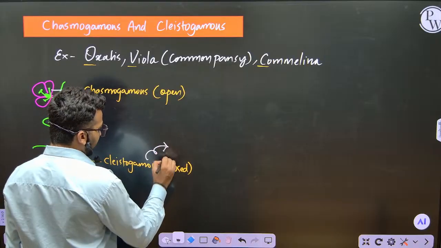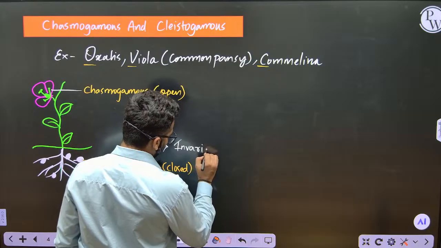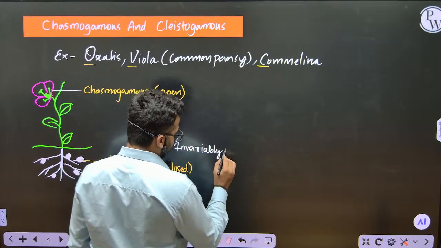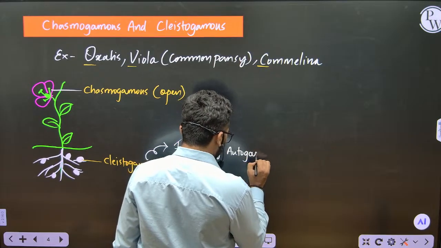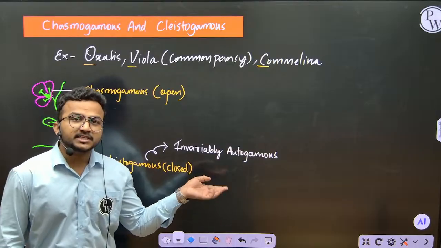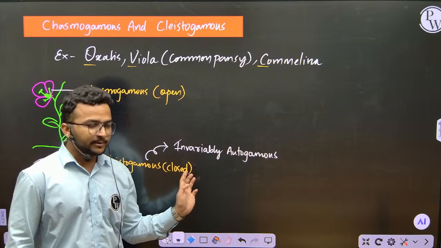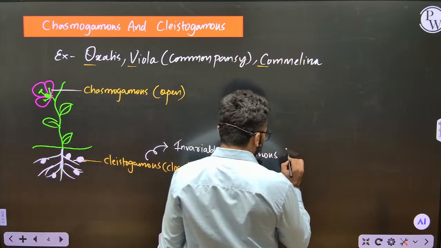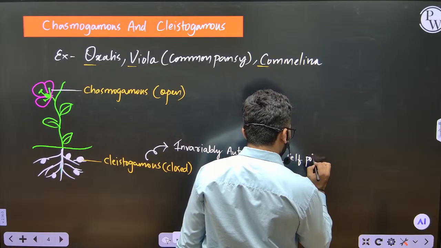Clistogamous flowers are invariably autogamous, which is nothing but there is no chance of cross pollination there. Purely self pollination will take place. So these clistogamous flowers will always undergo self pollination.